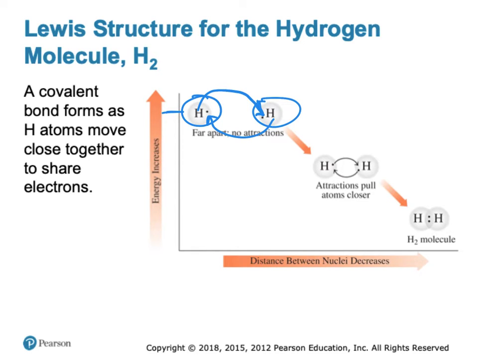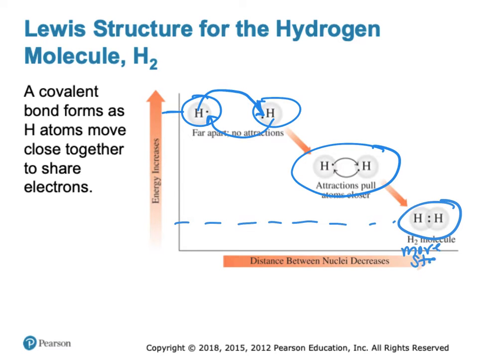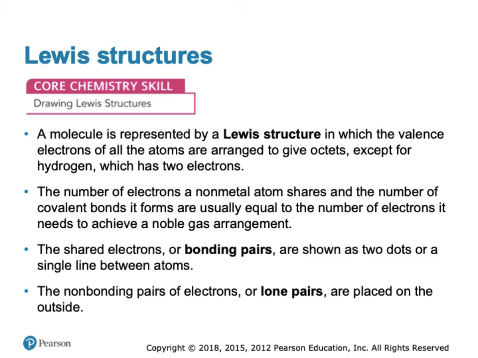So as those nuclei attract the electrons from the other atoms, they're going to pull these two hydrogens closer together. Then they are going to stop at a certain distance because then the nuclei are going to become repulsive. However, this is the lowest energy state of hydrogen, and therefore it exists as H2 with these electrons shared between them because this is more stable. It's lower in energy.